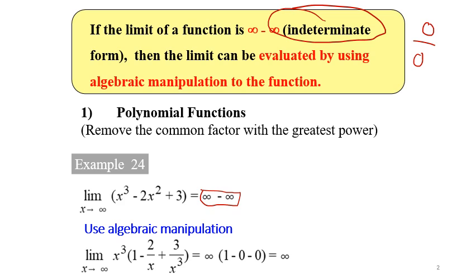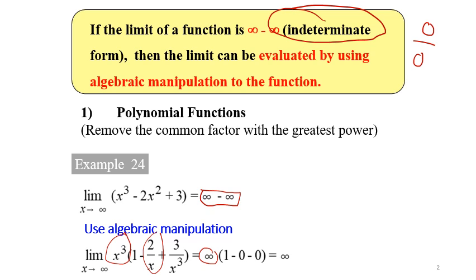So we factorize x cubed outside like this, and then inside we have a constant over x and also over x cubed.